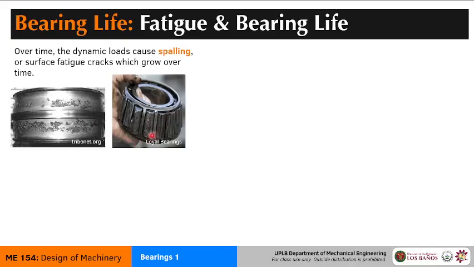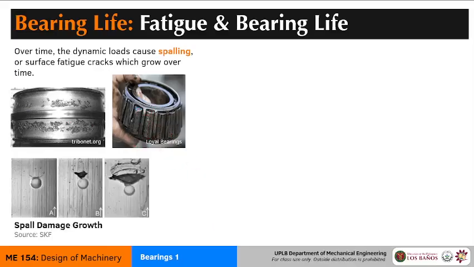If you leave the bearing for too long, it will develop these pock marks, and these pock marks are actually signs of fatigue. This is just an example of a spall that keeps growing over time and is not addressed. When your bearing develops a lot of these pock marks or spalls, they might not last long. They could get destroyed during operation.